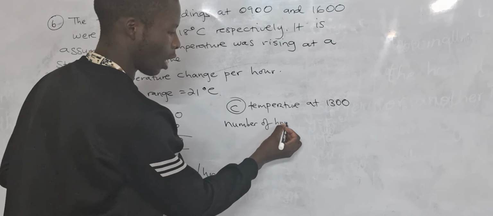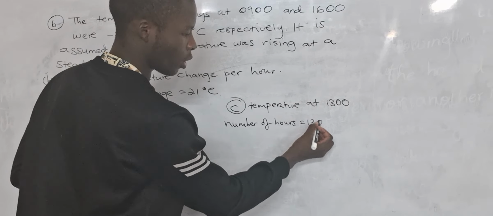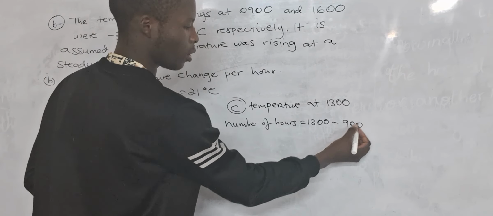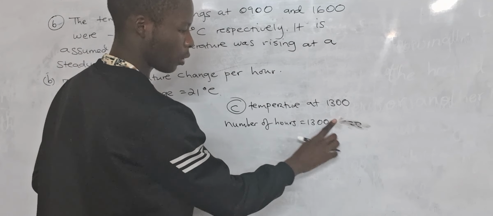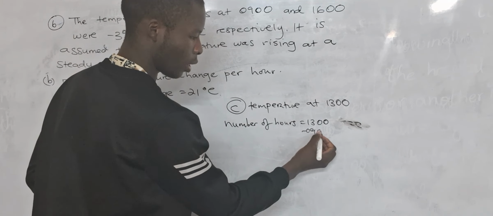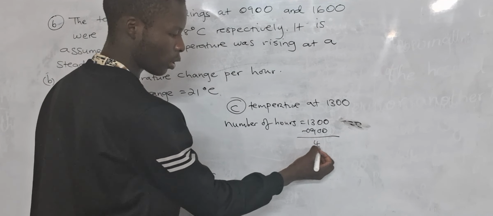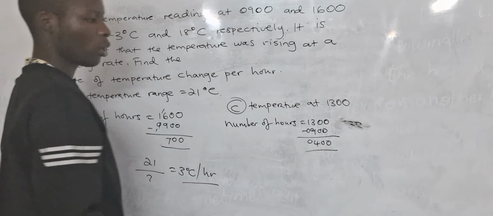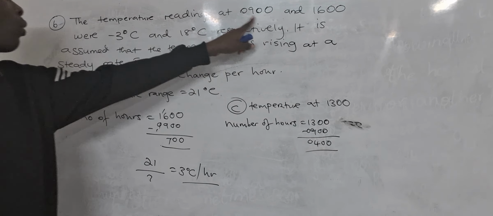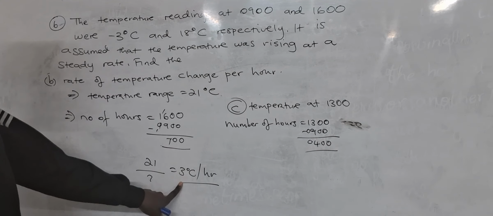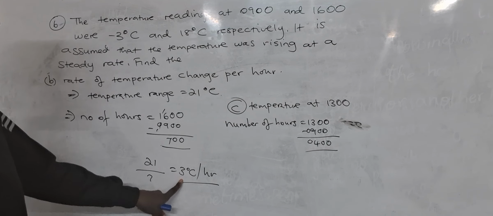So number of hours is equal to 1300 minus 900. So what is the answer here? This is 4 hours. So 4 hours are there between 9 o'clock and 1 o'clock. What is the temperature change per hour? This is 3.